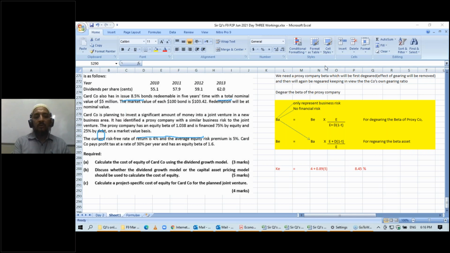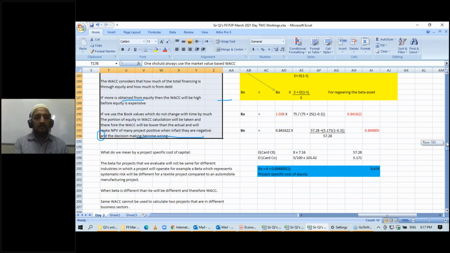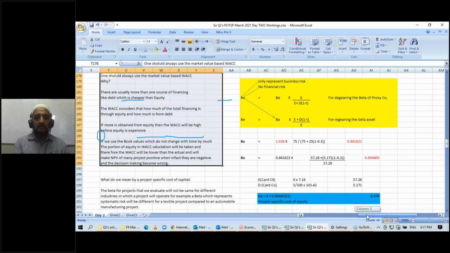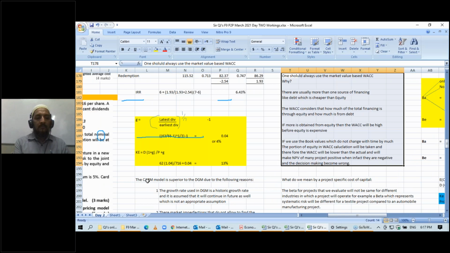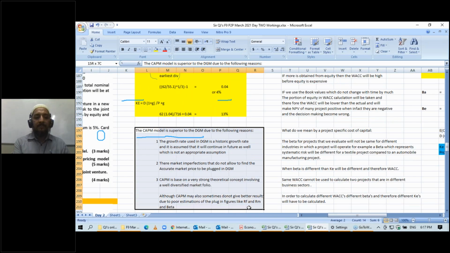Okay, so students, let me give you the part B's answer, that why is the capital asset pricing model better. And then we'll move on to the hedging concepts.